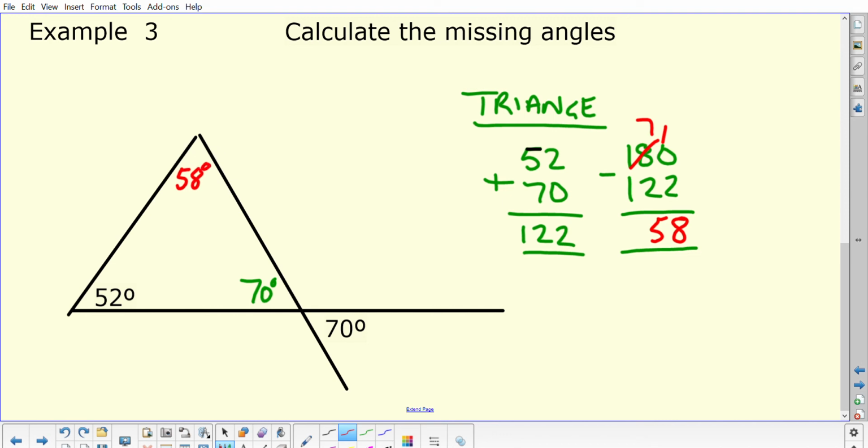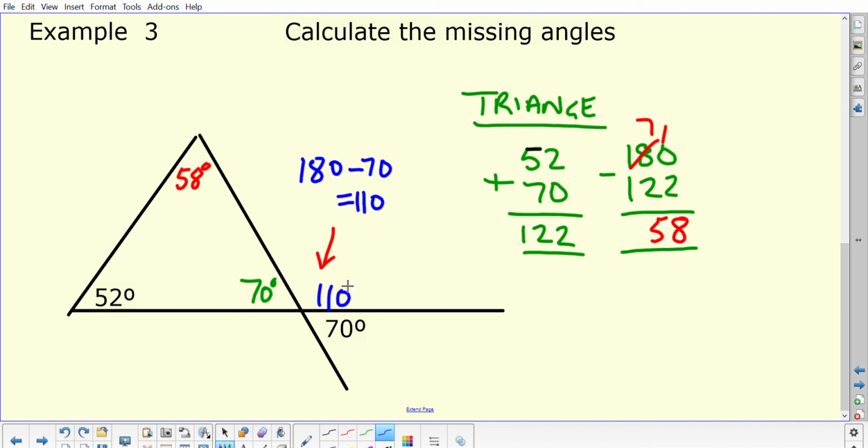Now of course that's not all the angles in the diagram. You can clearly see there's another couple of angles going on here. So to work out this one down in here, we need to see that as being a straight angle on the top there. You ignore the bottom bit of it, and you know that your 70 plus this angle here would need to be equal to 180. So if you do 180 take away 70, you'll get 110.